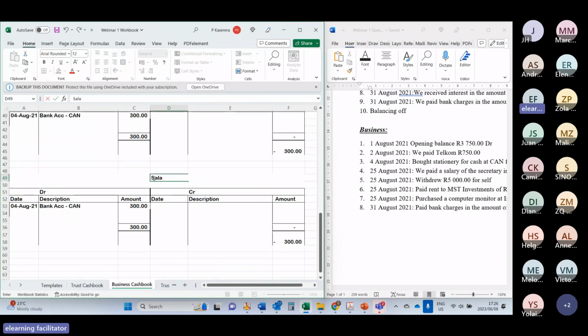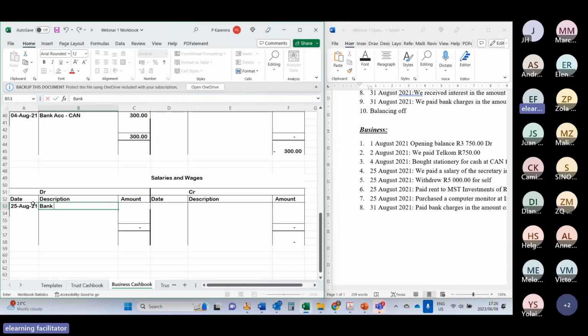Okay, so we call it salaries and wages. Okay, so in this case, we paid 6,000 to the secretary. So like in this case, there's no instruction to deduct. So it would mean they are not registered, they paid in full. So 25 August 2021. So it's from our bank.